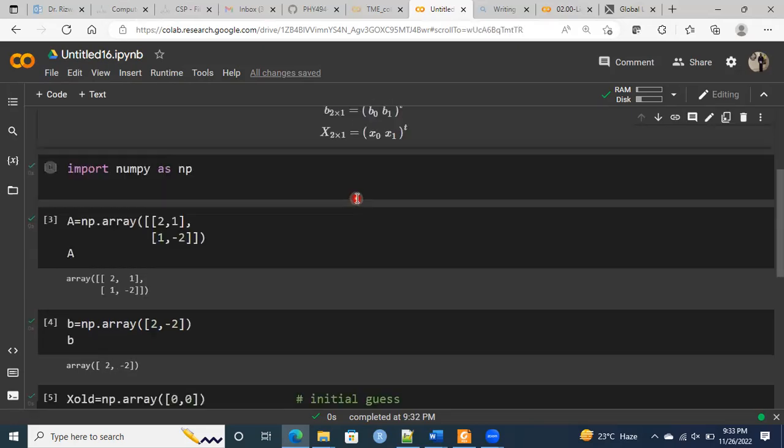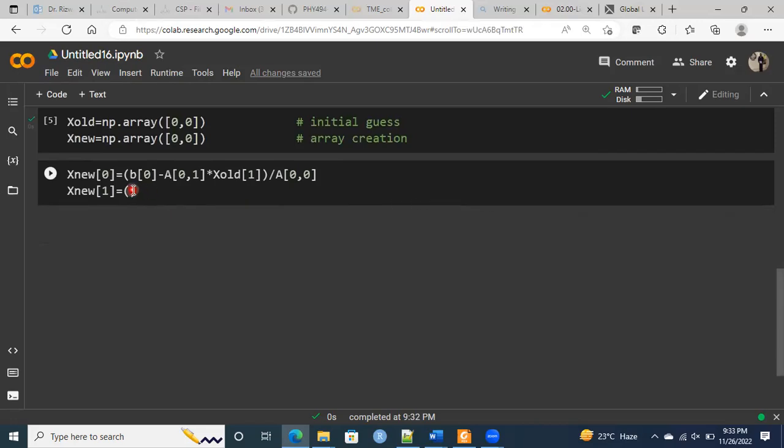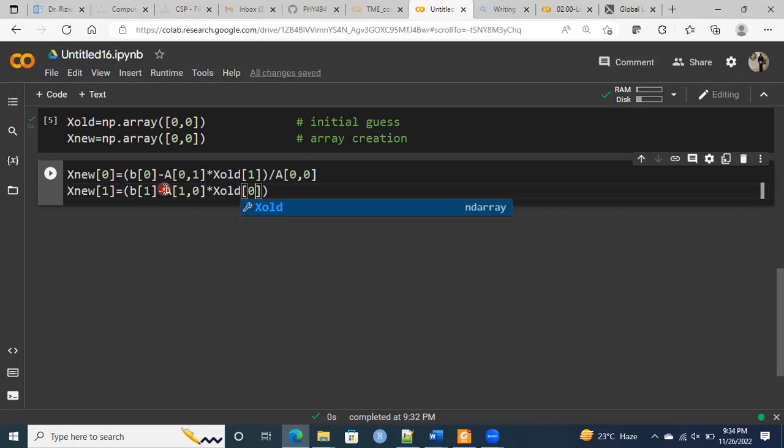So I can write simply b1 minus a10 times x old of 0 divided by a11.